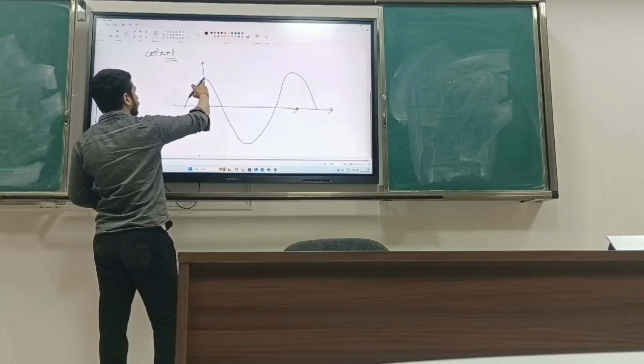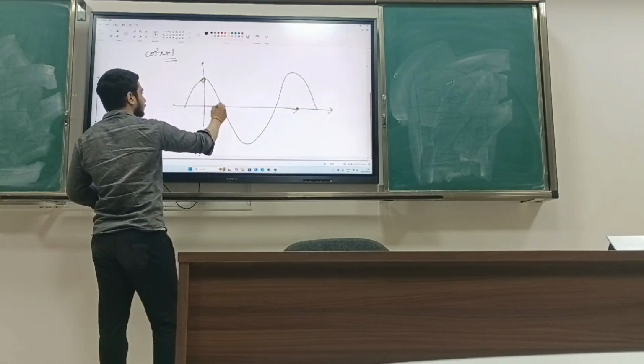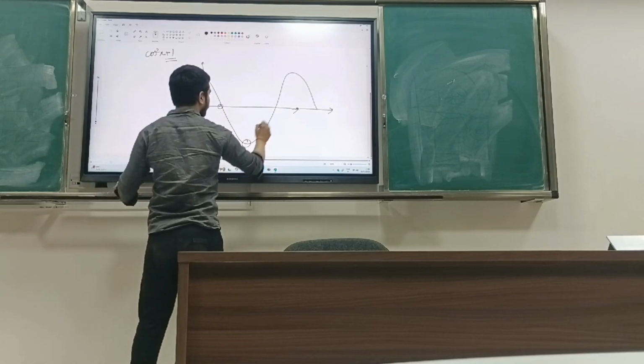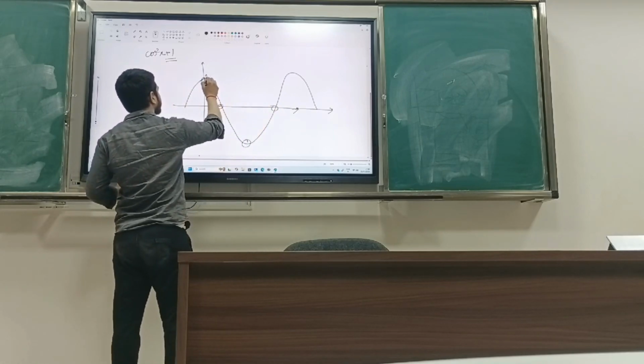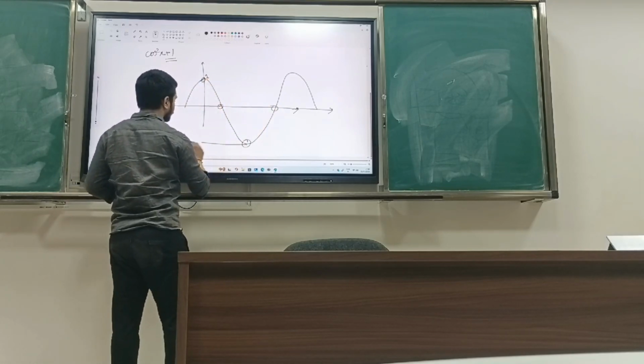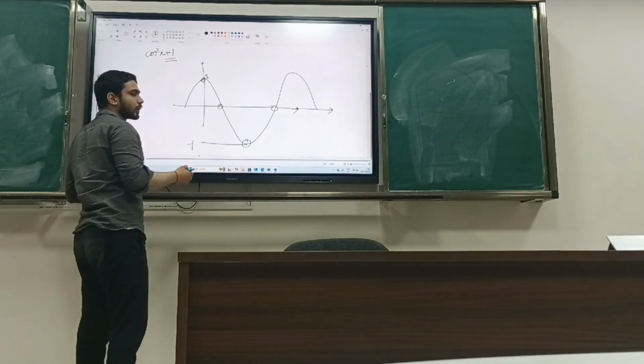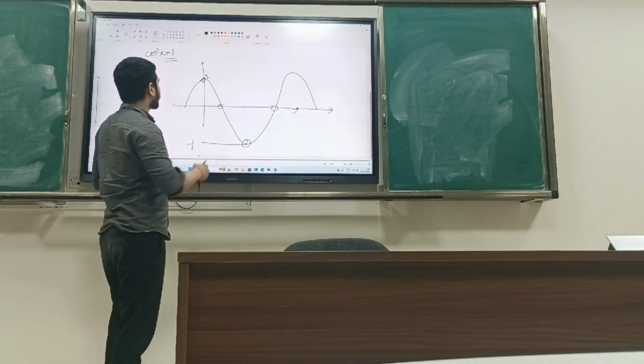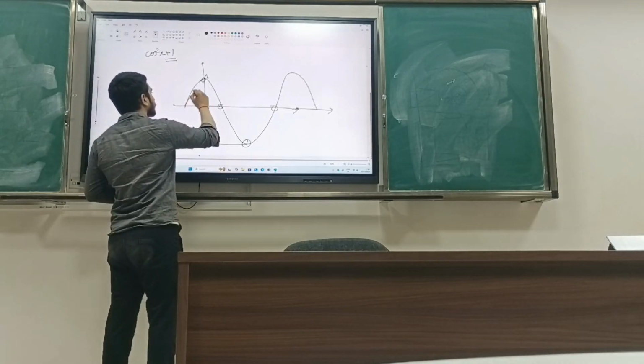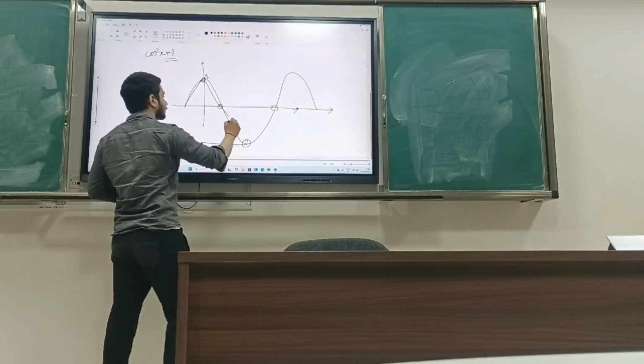In cos square x also the values are between 0 and 1. The maximum is plus 1 and the minimum is minus 1. If we square the values, they will decrease because the values are between 0 and 1. So if we square this, we will get a graph like this.